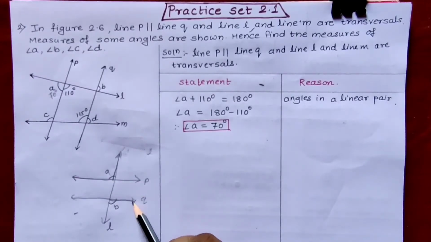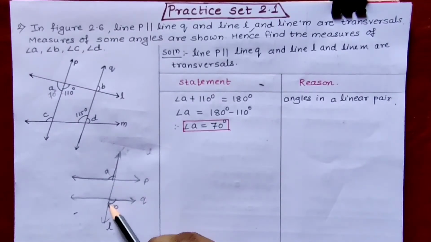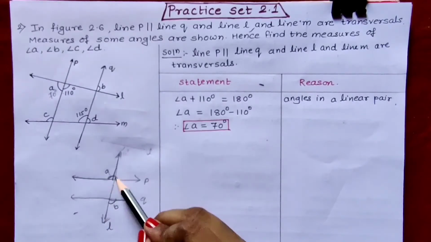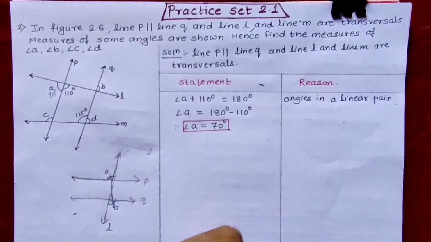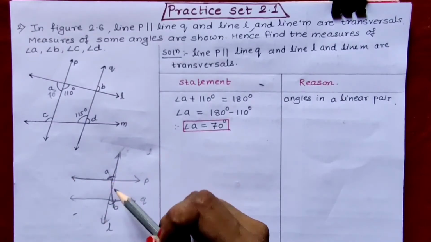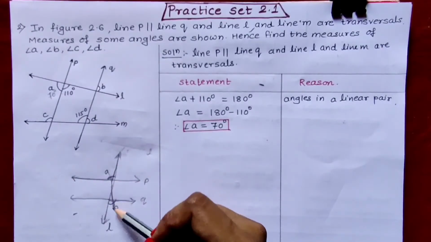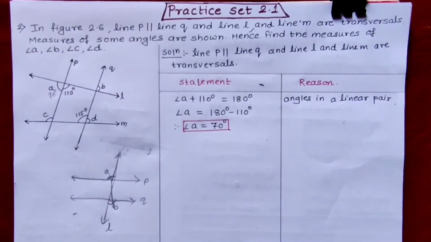B has one arm on the right hand side, another arm in the downward direction. So they are opposite to each other, and they are on the exterior side of the line. So they are exterior alternate angles, and we all know exterior alternate angles are congruent with each other.